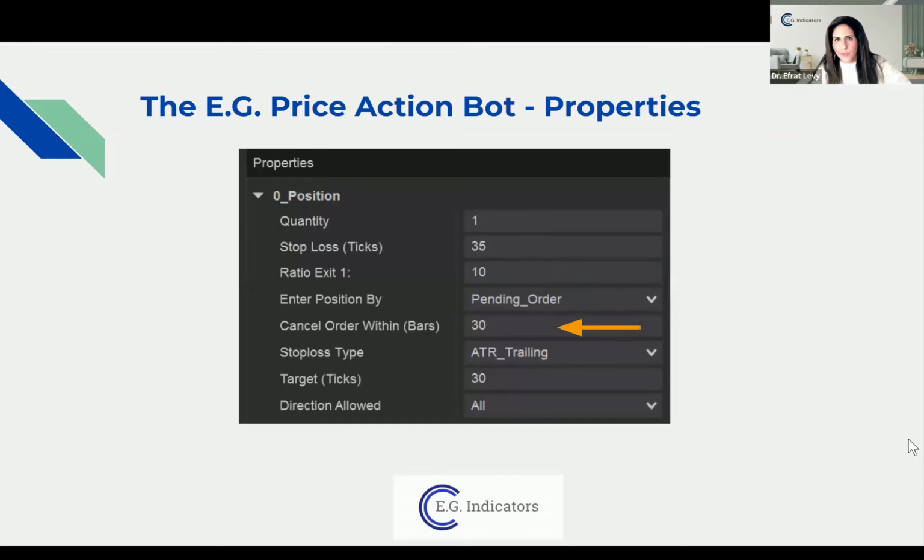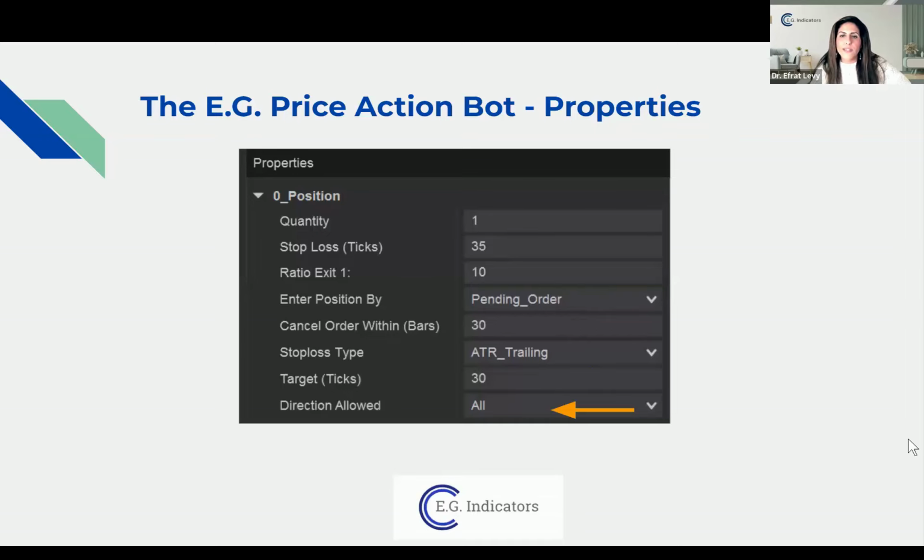If you pick the pending order, you choose for how long it should be placed until cancelled, if not filled. And you can pick the trailing stop. The differences relate to the volatility of the asset. And recently we added the EG trailing stop that the bot now implements as well.